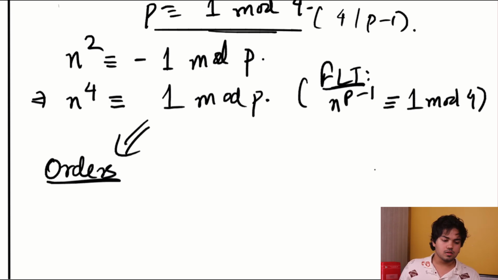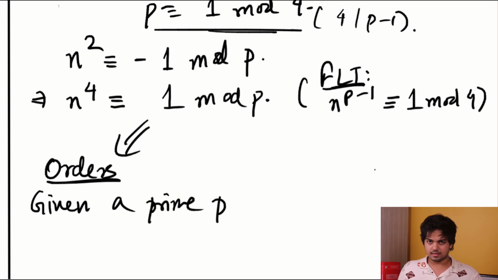So what is the order? Given a prime p, say, we can obviously generalize this discussion to composite numbers, but to keep it simple, I'll stick to primes for now.